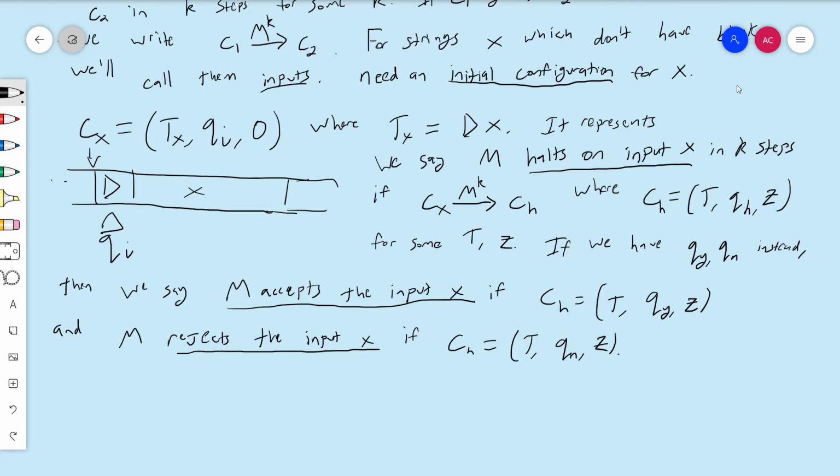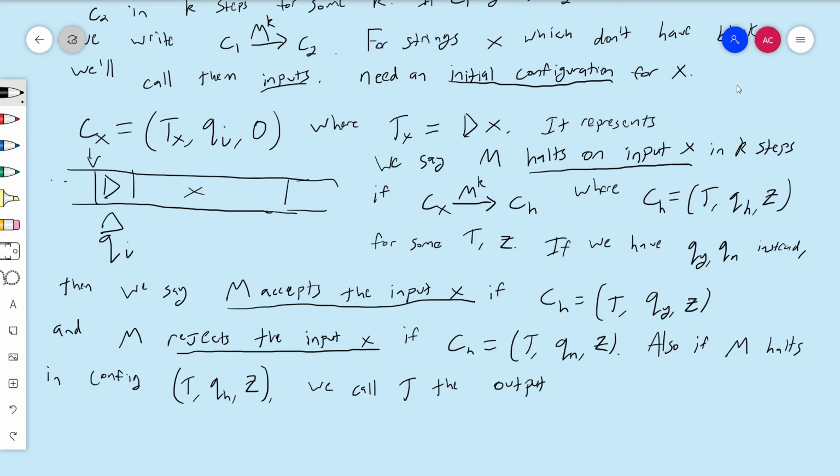Also, if M halts in K steps, in some number of steps, in configuration T, q h, Z, we call the string T the output of the machine.